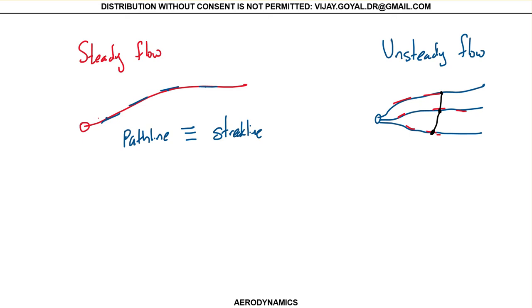So what I want to do is one example right now in this particular lecture, and then I will leave you with a couple more examples in a separate video. For this example, I want you to consider the following. Consider a two-dimensional steady velocity field.